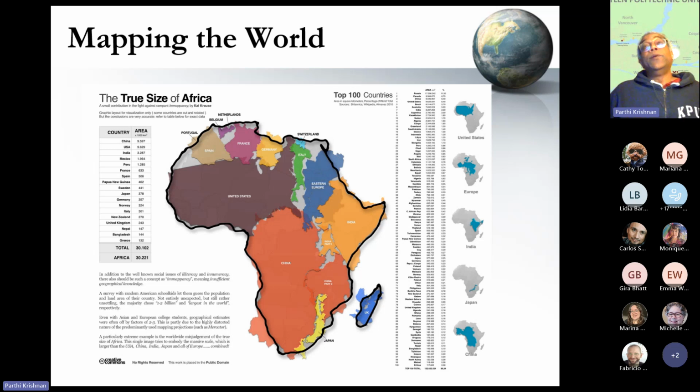So in this example, you can see how Africa is actually large enough to include not one, but three of the seven largest countries in the world: China, United States, and India, and yet have enough space for other places like Eastern Europe, as well as some of the big countries of France, Germany, Spain, Italy, as well as the UK and Madagascar.